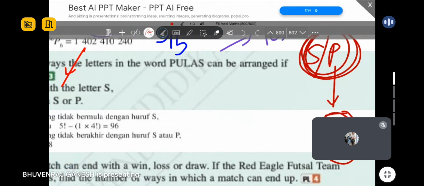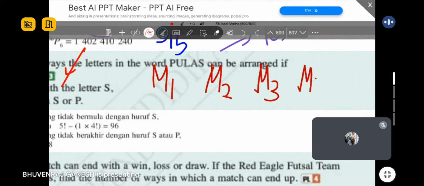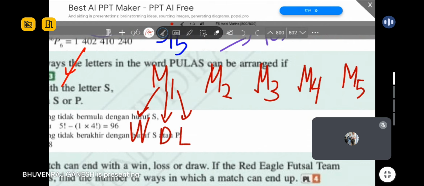Okay, guys. So you got 5 matches. Am I right? Match 1. Okay, maybe I draw like this so that you all can see. Match 1, match 2, match 3, 4, 5. Okay, guys? Can you imagine? So each match, setiap perlawanan boleh menang, seri, kalah.